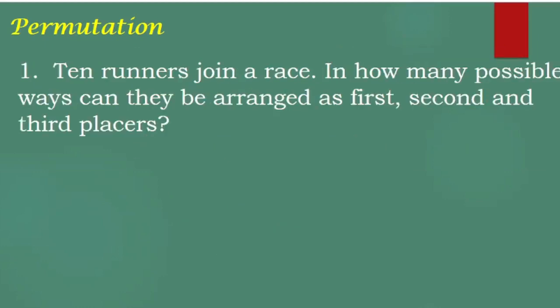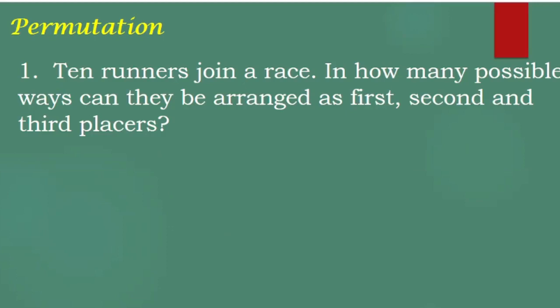Okay, so let us try to use this formula for the next question. As I promised you a while back, I will be giving you details about the problems in the first slide. There are 10 runners who join a race, and in how many possible ways can they be arranged as first, second, and third placers?